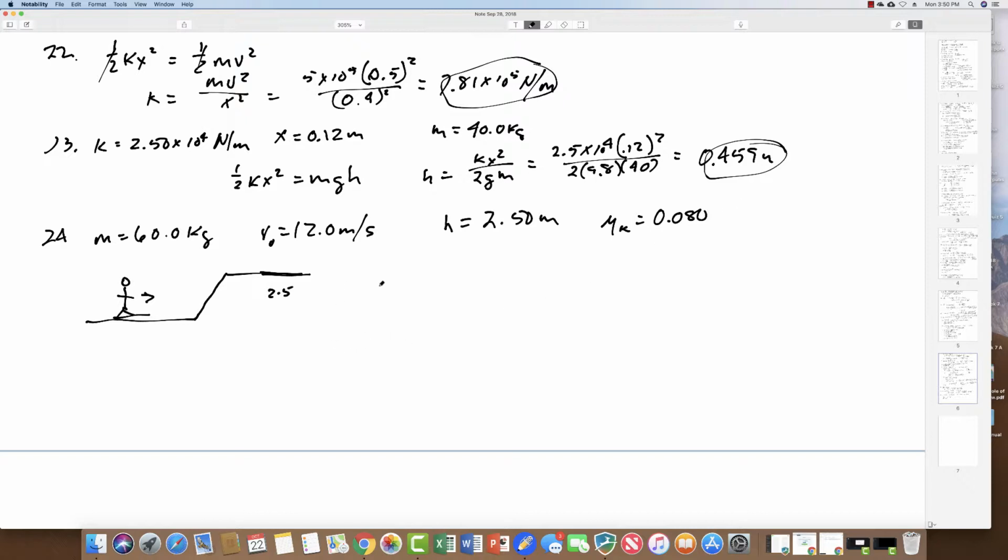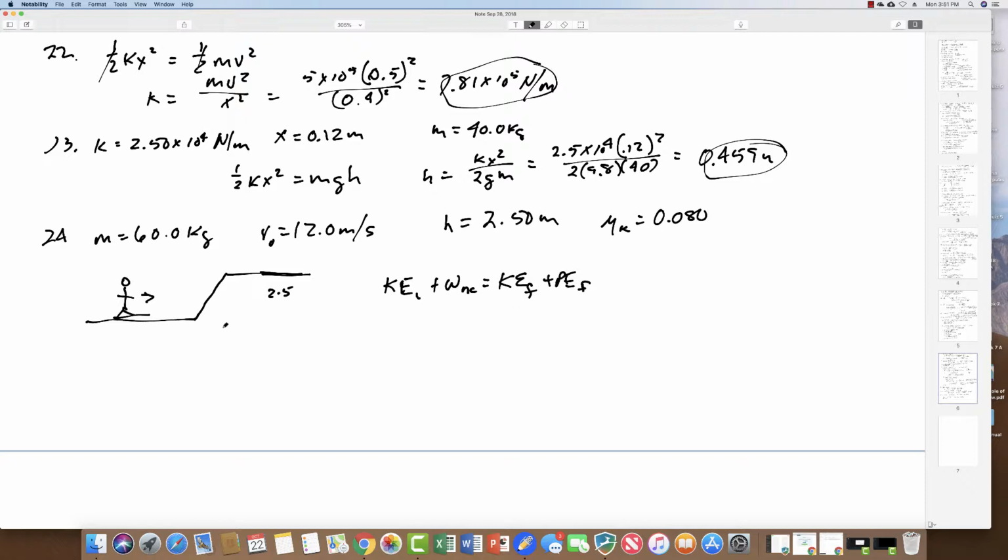Okay, so we have the kinetic energy of the person that's moving, or their initial kinetic energy, plus the work done to overcome the friction, which is the non-conservative work, is equal to the kinetic energy at the final plus the potential energy gain also at the final.